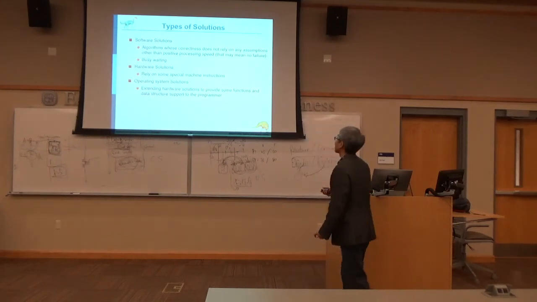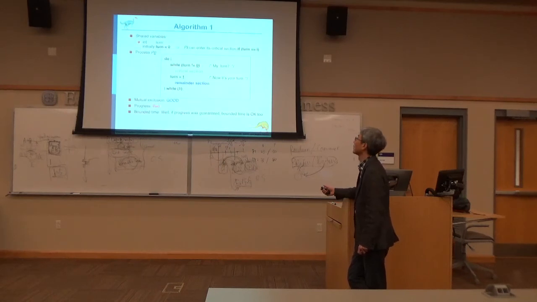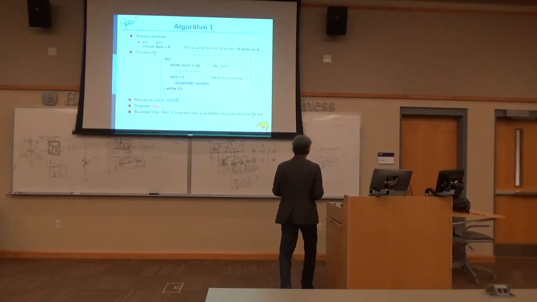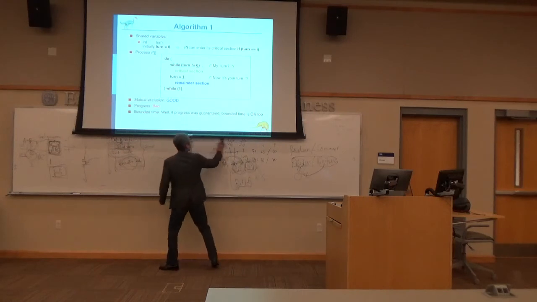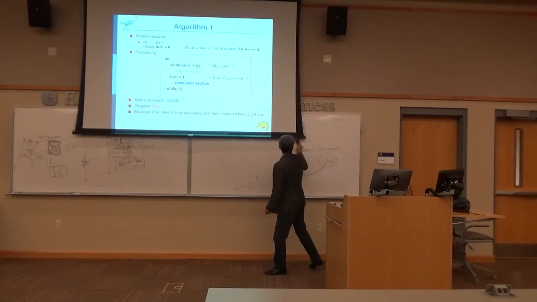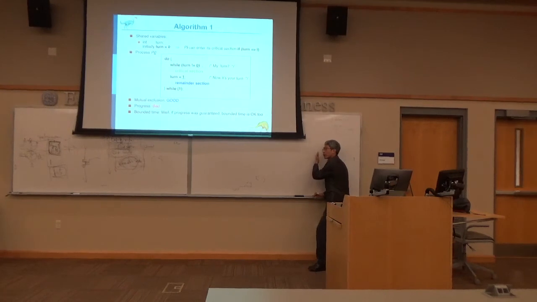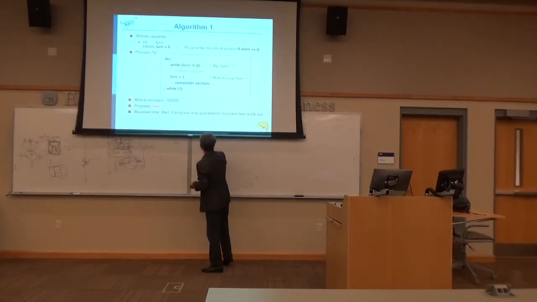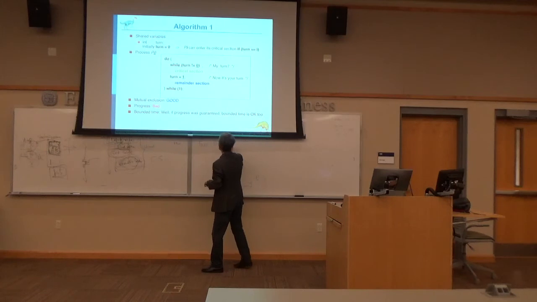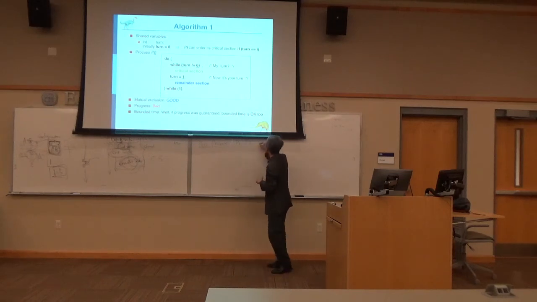As I introduced, there are different types of solutions, but we will start from the software solution first. For your better understanding, as we defined the model with producer and consumer, we will consider the two-process case, like process 1 or process 2, or process i or process j.